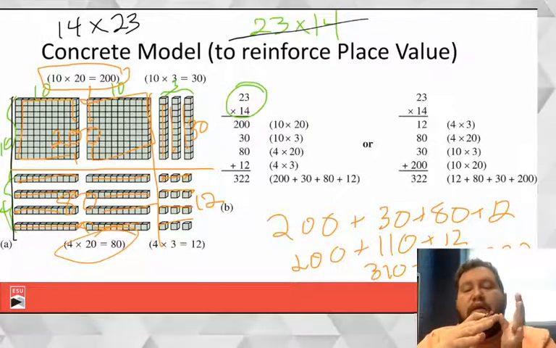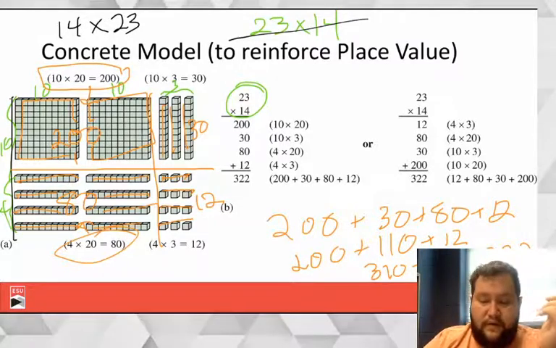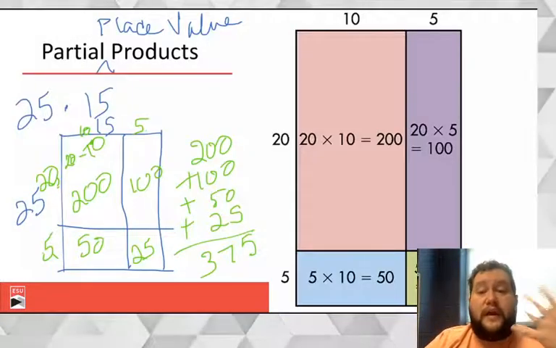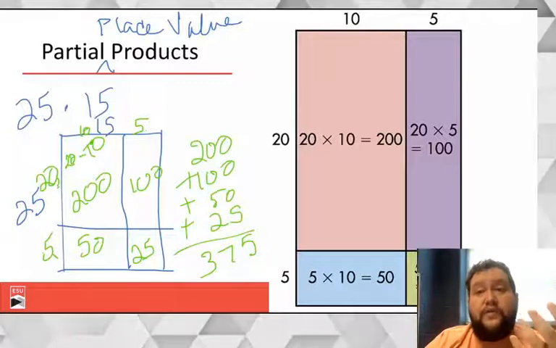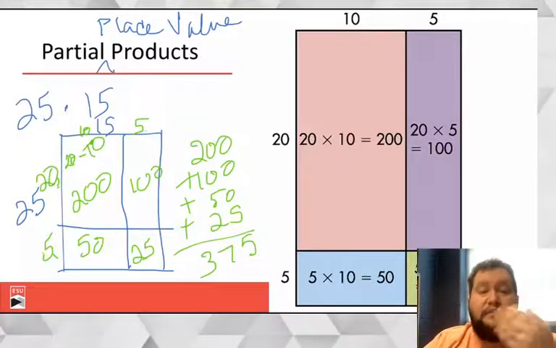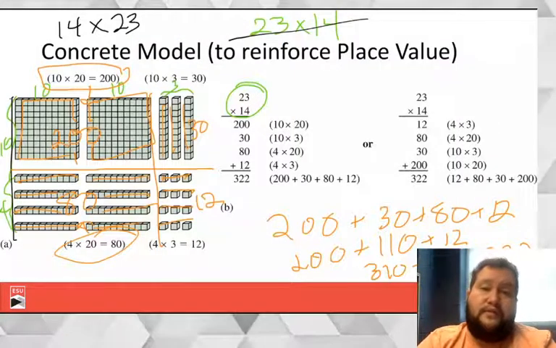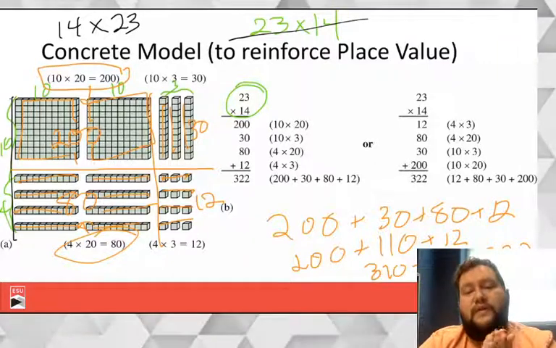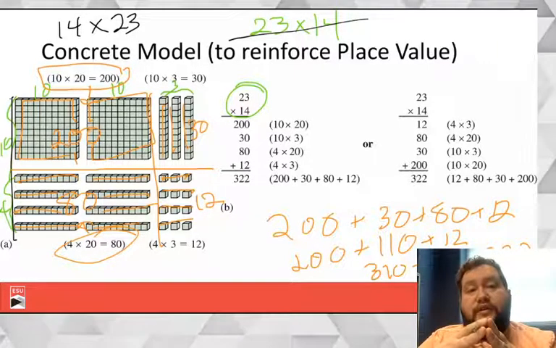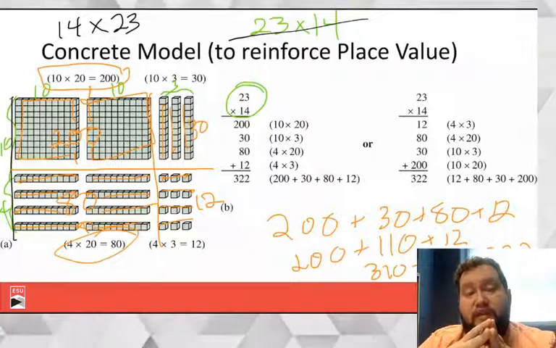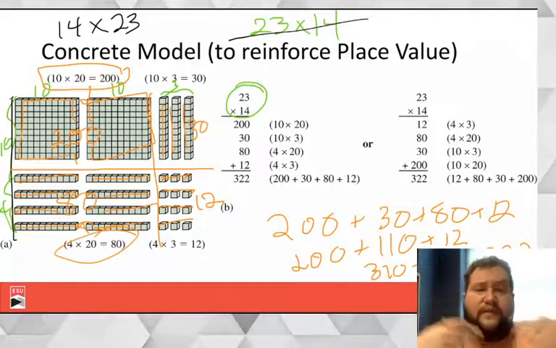Right, and so the advantage of this model over the area model, certainly in terms of writing and doing, is that it is substantially more work, but this very literally reinforces place value. And so you would use this with a student that's struggling, particularly once you get to multi-digit multiplication, because this is totally manageable if you have like 4 times 3.